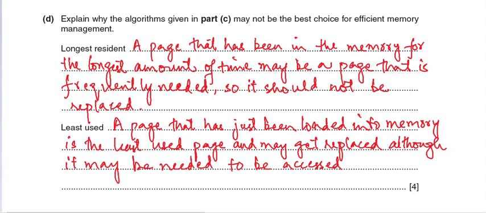And as far as least used is concerned, a page that has been loaded into the memory just now is the least used page, and because it is the least used page, it may get replaced, although we may need to use this page frequently. So these are the explanations.